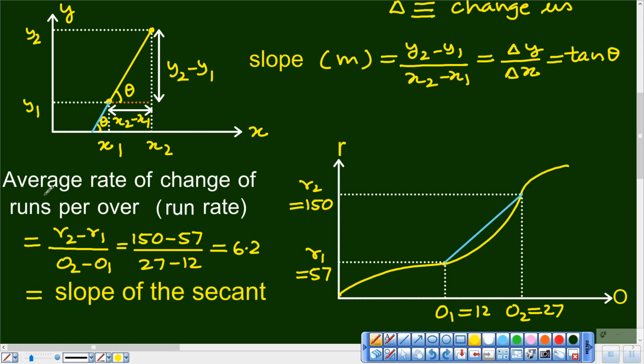That is, the average rate of change of runs per over, which I want to find, is nothing but equal to the slope of the secant. So this is a very important notion, and you please correlate it.